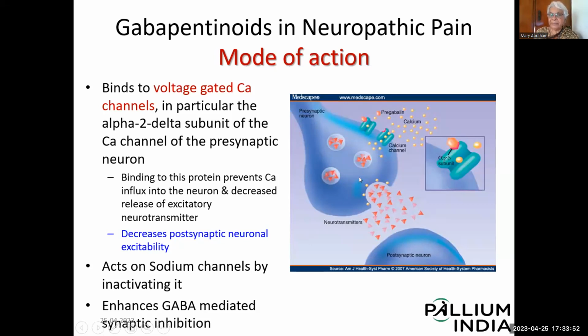Once this is prevented, the release of the excitatory neurotransmitters like aspartate and glutamate is decreased. And when this is decreased, the excitation of the postsynaptic membrane is also decreased. So that is one way of acting, by acting on the calcium. It also acts on sodium channels, and it also enhances the GABA-mediated synaptic inhibition. We know that GABA is an inhibitory neurotransmitter, and it actually enhances the inhibitory effect.